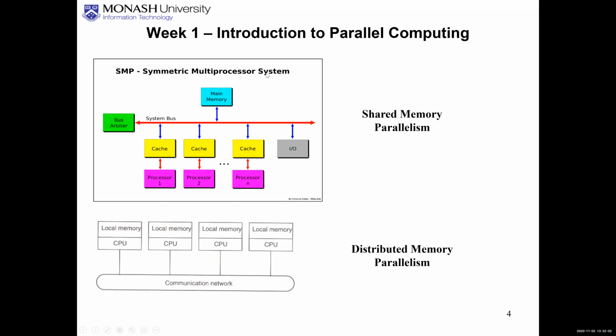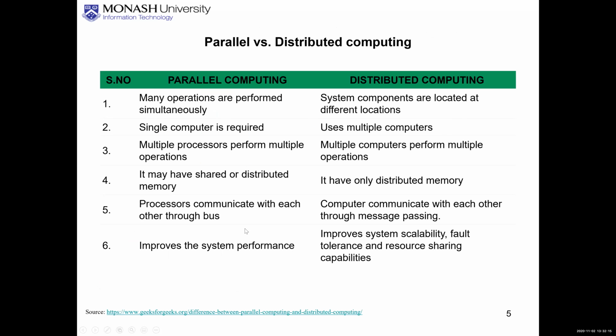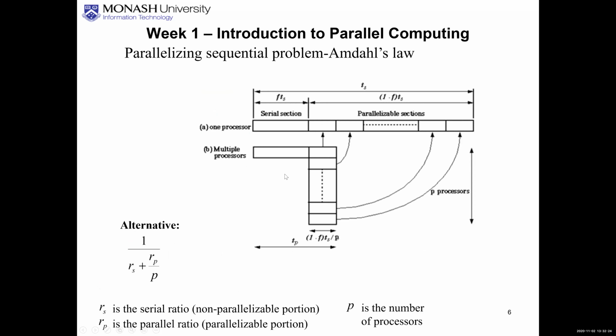This is the basis of your multi-core architecture. And then I also introduced you to distributed parallelism, where through a network you can interconnect multiple computers to form a cluster. Generally, we have discussed the difference between parallel computing and distributed computing.